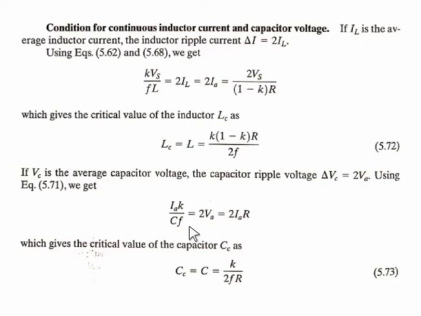If we solve this equation, the IA and IA will cancel out, and the critical value of the capacitance C equal to K divided by 2RF.